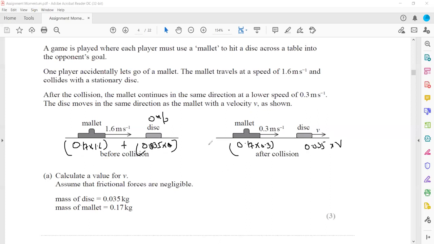So according to conservation of momentum, the total momentum before collision is equal to the total momentum after the collision. So when we use these values, it will be 0.17 times 1.6 plus 0 is equal to 0.17 multiplied by 0.3 plus 0.035 multiplied by V. So we'll solve for V, the speed at which the disc will move.